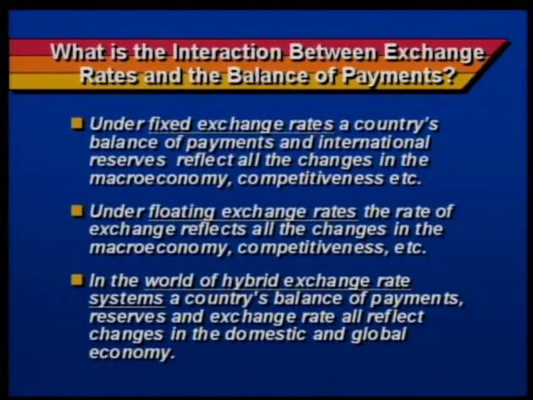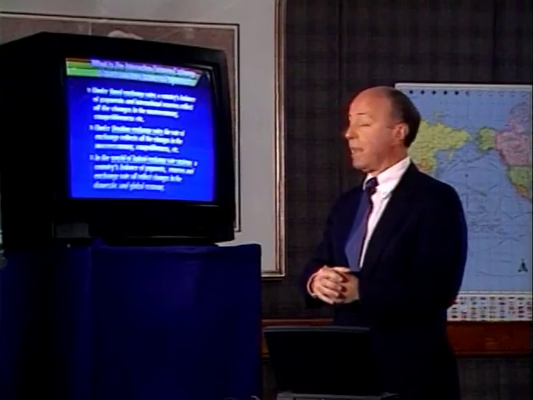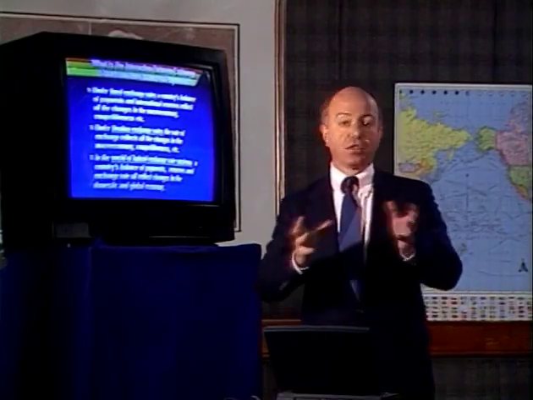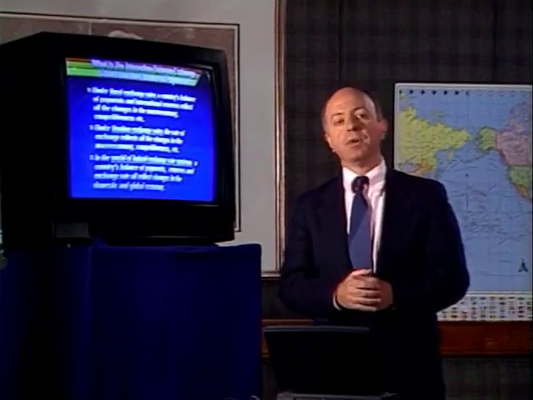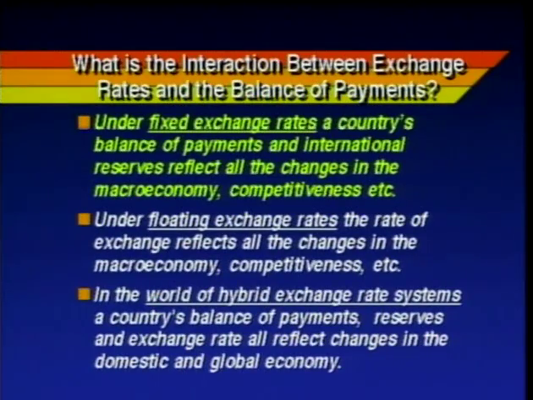Now let's take a look at this important interaction between the exchange rate and the balance of payments, or the current account balance. And let's look at it in three different kinds of worlds, as it were. One extreme, in a world of fixed exchange rates, when exchange rates cannot change, then anything that occurs either in the U.S. economy or in the global economy is going to be reflected in a couple of ways.